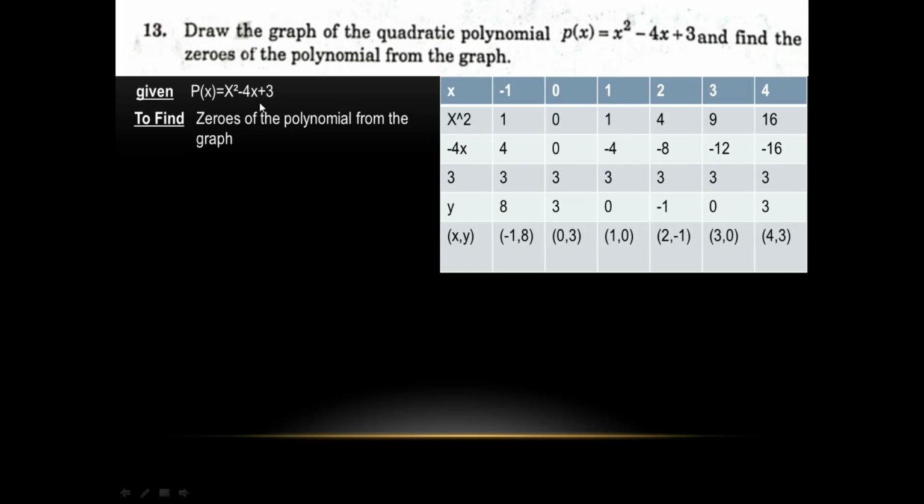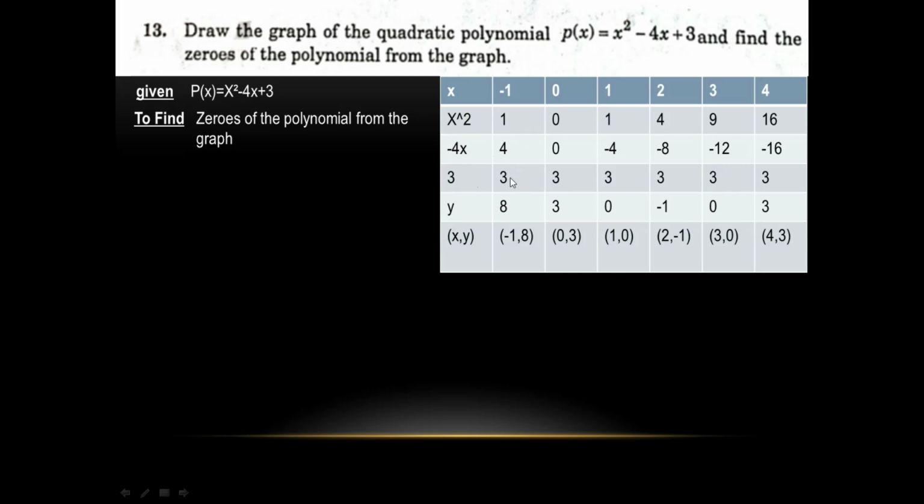So next, we are taking the constant, the third term. As it is a constant, we write the constant value only, that is 3, 3, 3, 3, 3, 3, and 3. So if x is minus 1, we have to find this y value. How to find the y value? In order to find these y values, we need to add the first term, second term, and third term of the equation.